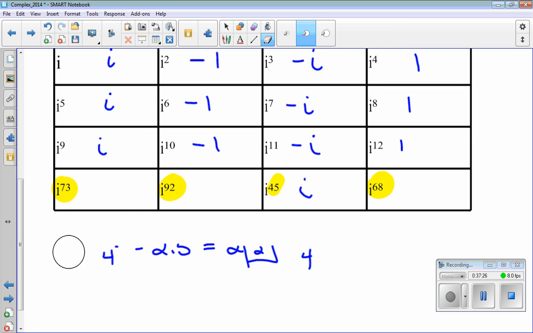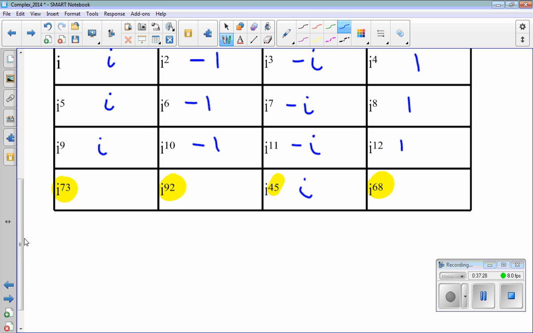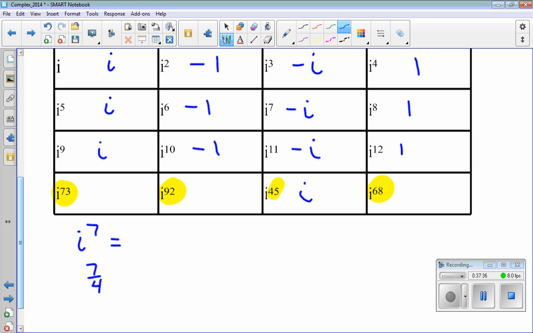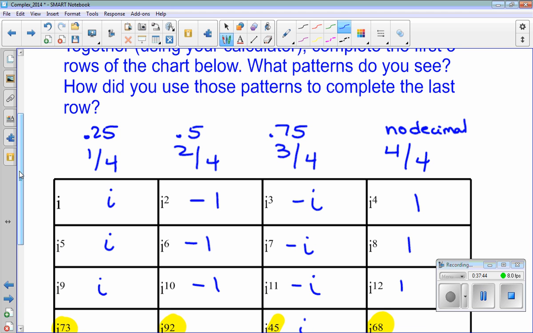Let's try i to the 7th. How would I figure that one out? What is 7 divided by 4? 1.75. 0.75 is 3 out of 4, so it's in the third column. It's the same as i to the third. So i to the 7th is negative i.